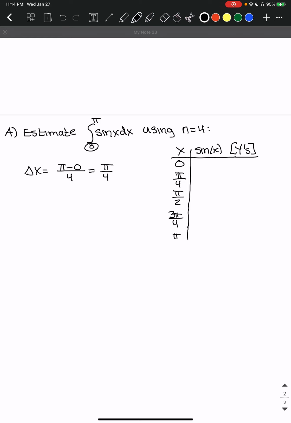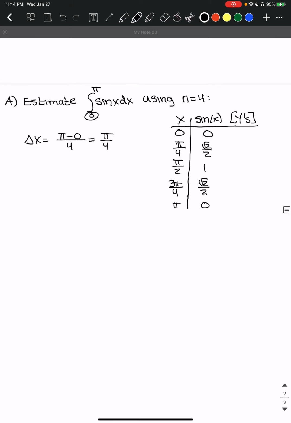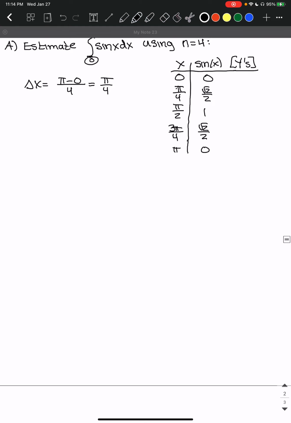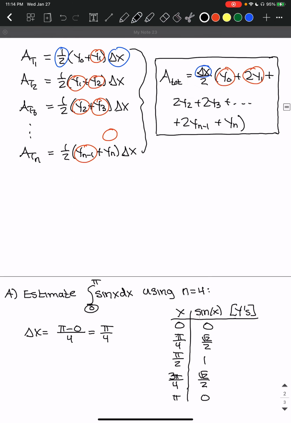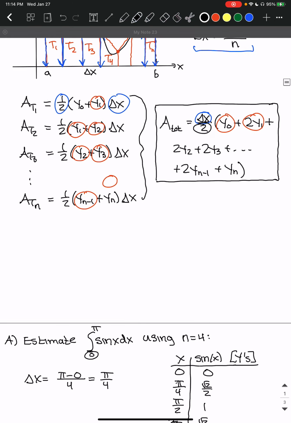Okay? And then you'll remember from basic trig that this is 0, this is root 2 over 2, this is 1, this is root 2 over 2, and this is 0. Okay? That's literally everything we need, right? So I have all my y's, I have my delta x, so I can say that my area is going to be equal to pi over 4 times a half, so that's that 1/2 that we have out front here.